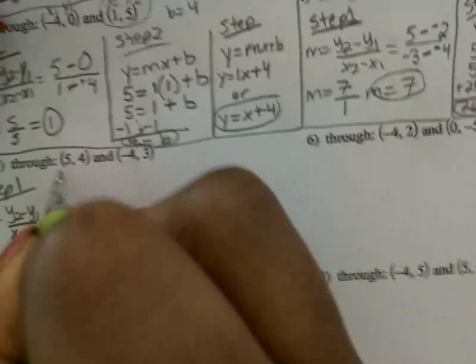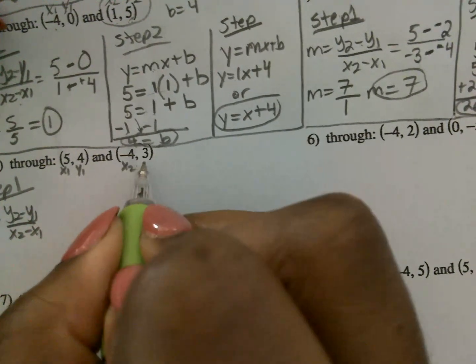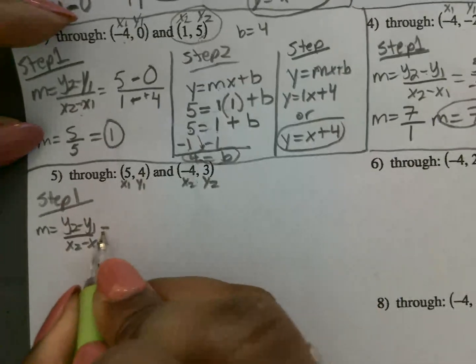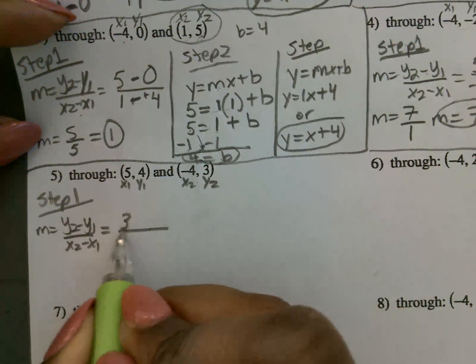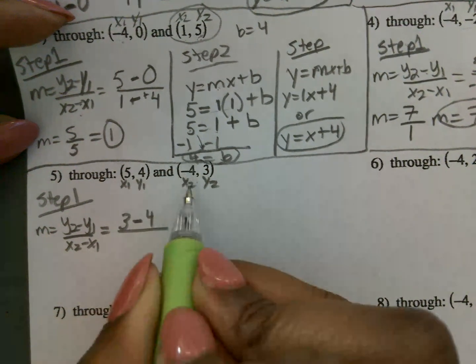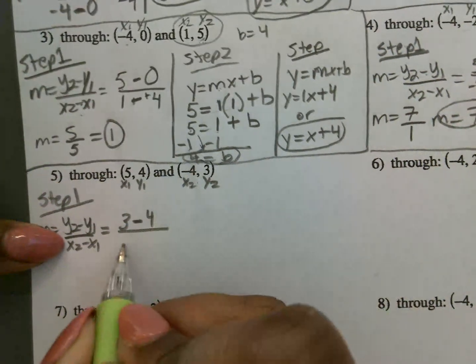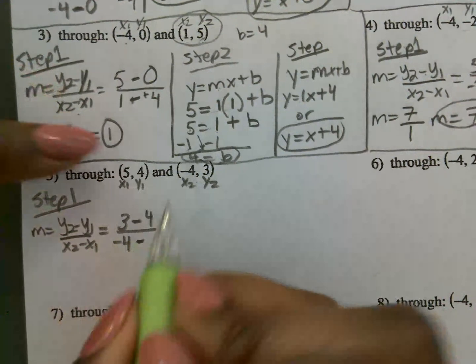Label the points x1, y1, x2, y2. Okay? And substitute. On the top, you're going to get 3 minus, you're going to get 4. On the bottom, your x2, negative 4 minus 5.